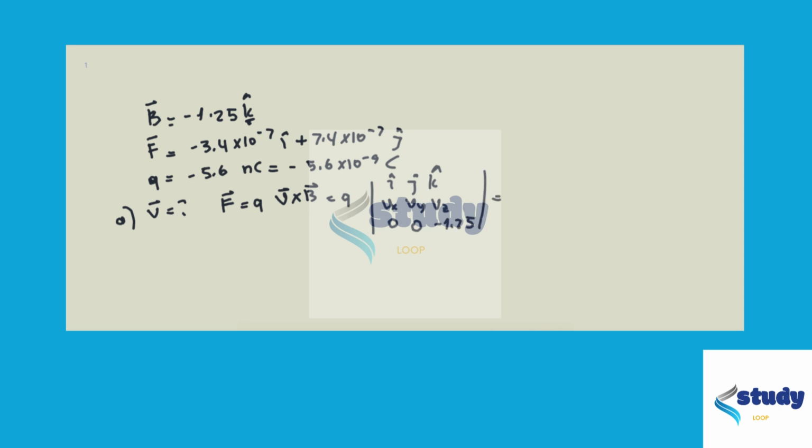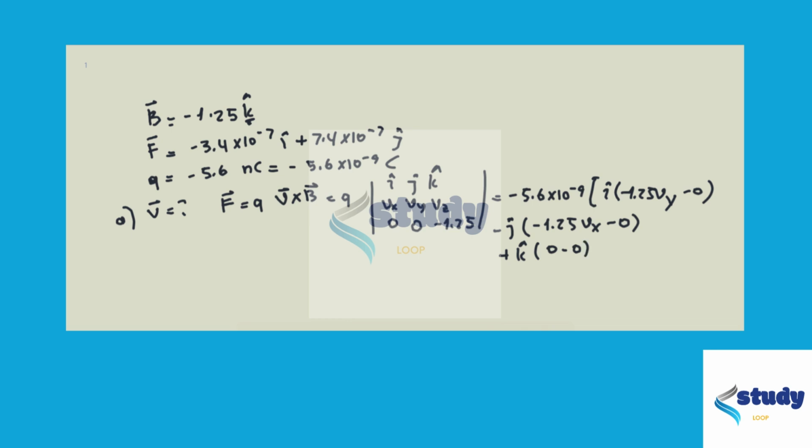Now let's plug in for Q, negative 5.6 times 10 to the power negative 9. Now i hat V sub Y times negative 1.25, negative 1.25 V sub Y, minus 0, minus j hat, negative 1.25 V sub X minus 0, plus k hat, 0 minus 0.